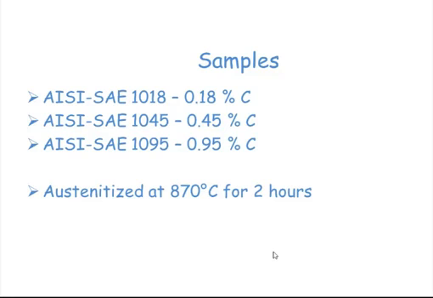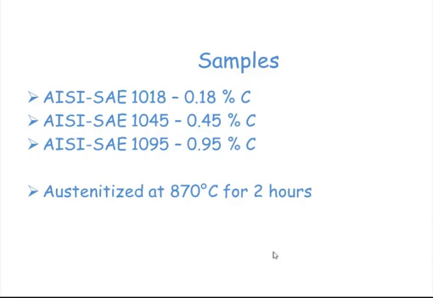Hold it there for sufficient time so that you get uniform, homogeneous austenite, at around 870 degrees centigrade, and let us wait there for 2 hours. This soaking time is important, because due to this soaking time, you will get homogeneous austenite.